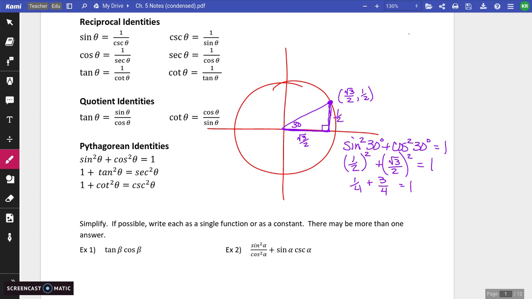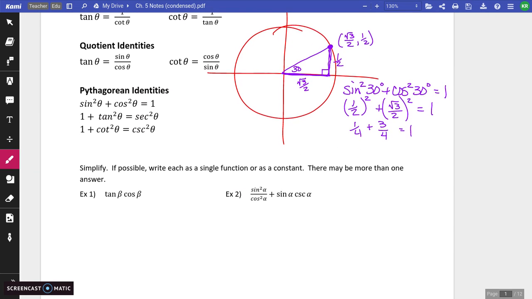Because tangent can be rewritten as sine over cosine, cotangent can be written as cosine over sine. So that's one technique that you can use: try changing things to sines and cosines and see if that gives you something to simplify.